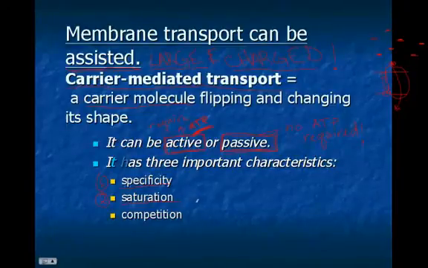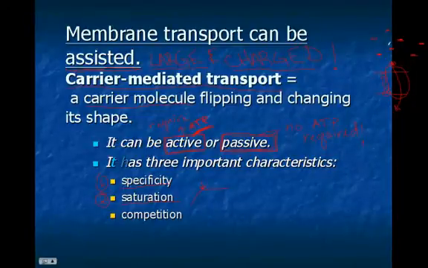So we hit what's called a saturation point, where if you add more glucose on the outside of the membrane, it should diffuse faster and faster across the membrane until you hit this saturation point. The saturation point is the point at which all of our glucose transporters are full and moving glucose across the membrane as fast as they can.